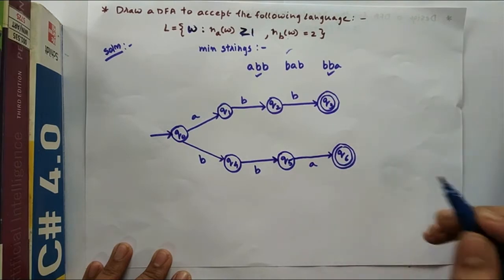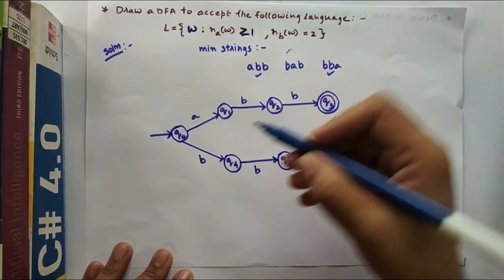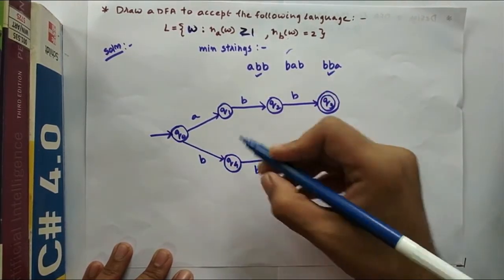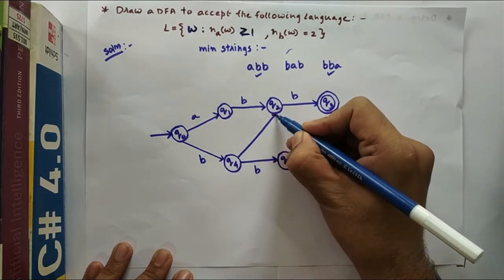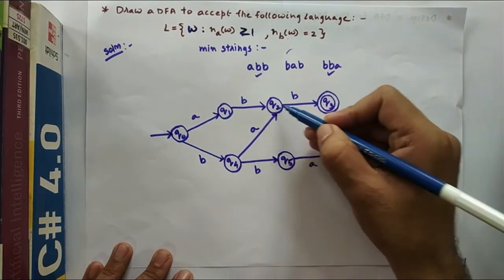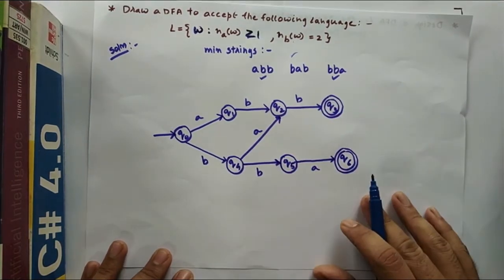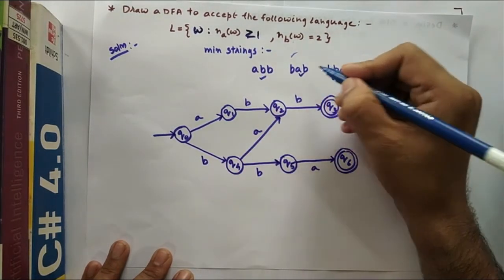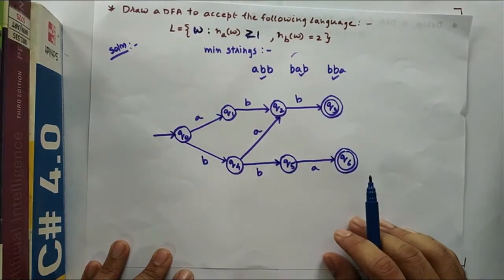So BBA. Now what about BAB? So B, you can simply have a transition here. So string BAB is also accepted. So this is the automata that you can draw for minimum possible strings.